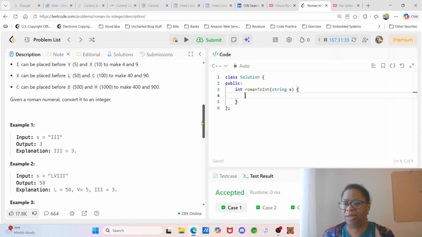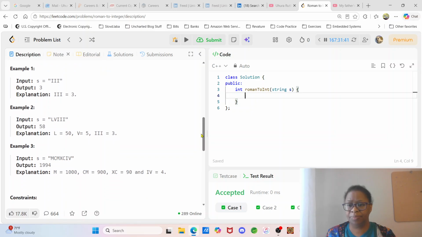Okay, all right, so let's look at example 1. The input is III. The output should be 3. That's because 3 ones equal 3. Example 2, we get a string, capital LVIII. The output should be 58 because 50 plus 5 plus 3 equals 58.